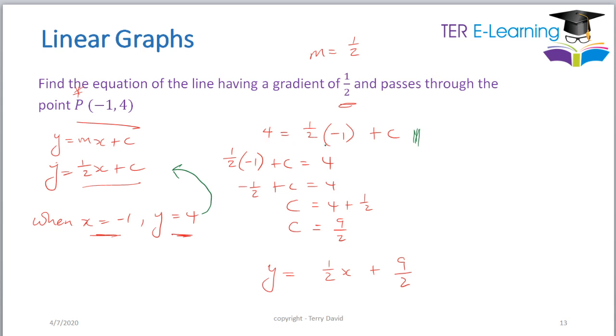Now, if you have 4 equal to everything on the right-hand side, it means that I can write it over as a half multiplied by minus 1 plus c equal to 4. This equation and this equation are the same thing. So if you want to get c, all I need to do is remove this minus 1. When I remove this minus 1, I carry it to the right-hand side. It's going to become plus a half. So therefore, c is equal to 4 plus a half, right? Which is 9 over 2, all right?